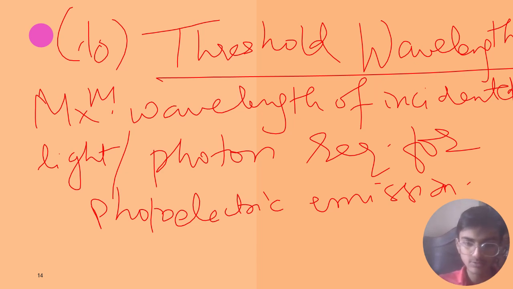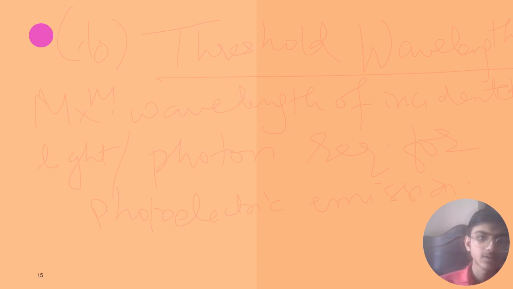Now we will come again to the photoelectric equation and discuss it in terms of these two new quantities which we have defined. You can write K max as E_p minus phi.